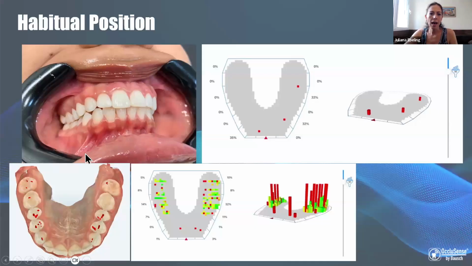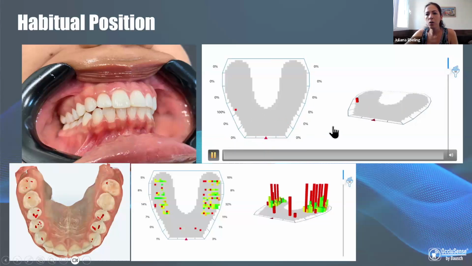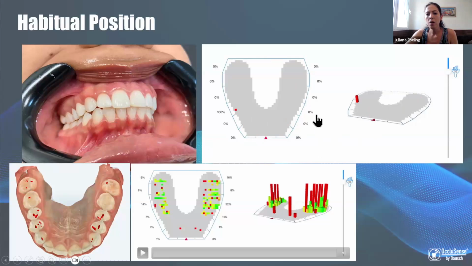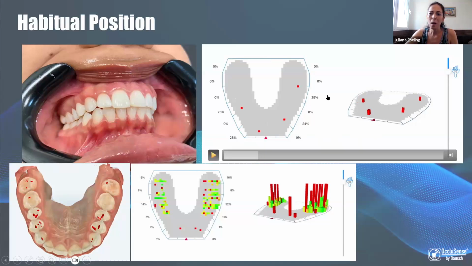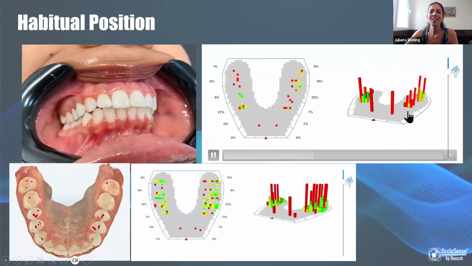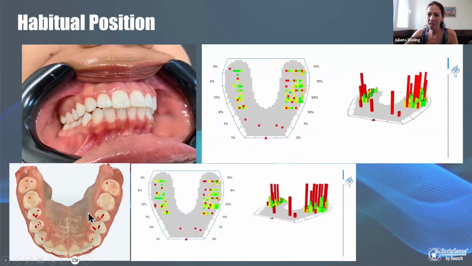Okay, here we have the patient's contacts that we register with the scanner, and we can look for a frame that corresponds to this image that we get with scanners. But when we analyze the whole movement, we can see that it doesn't happen as we see with scanners.